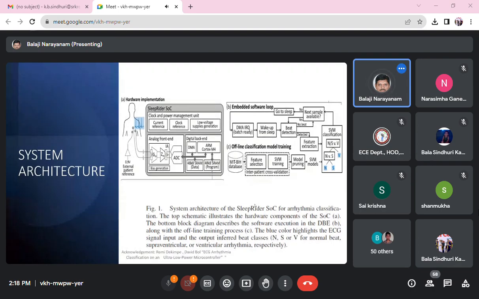For implementing that in System Generator, I basically need an architecture. You can see the architecture shown here. The first figure, A, is the hardware implementation. There you have the ECG signal, which is analog in nature, and the analog front end contains the bias generation and other things, and an A to D converter which converts the biomedical analog signal into a digital signal, as you are very much aware.